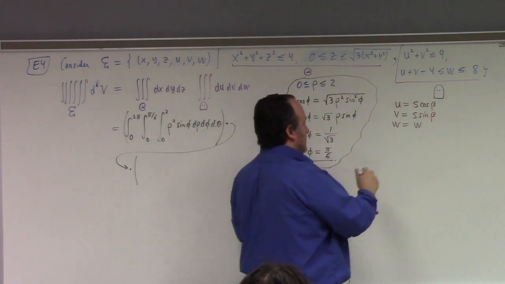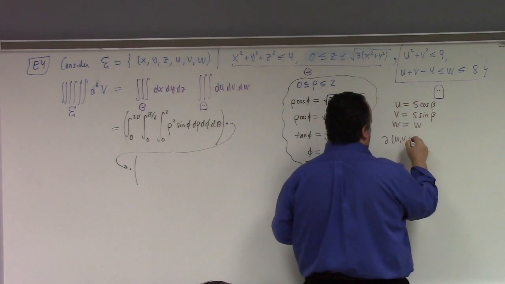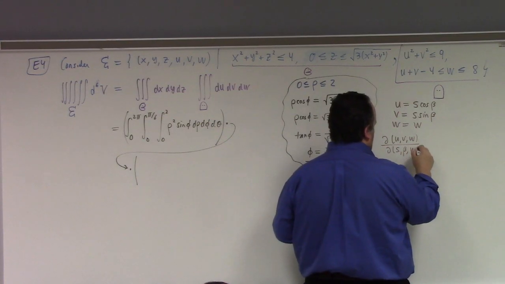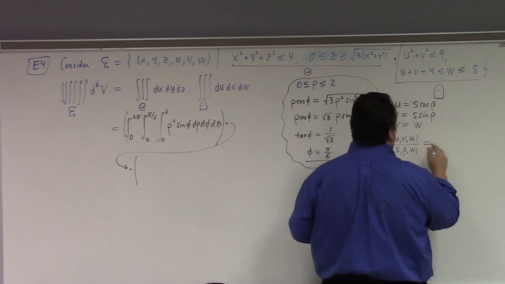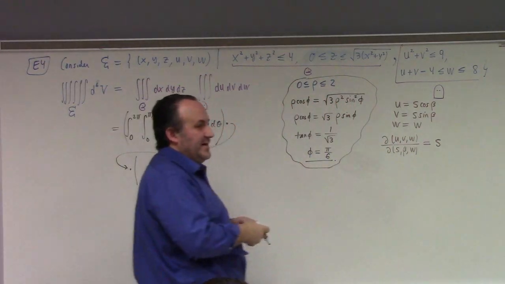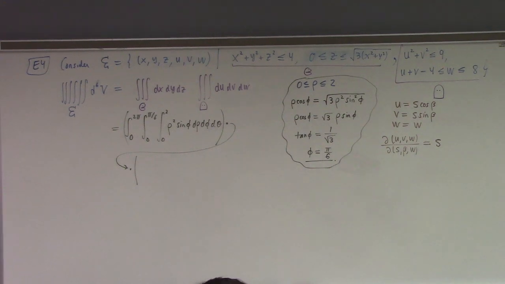If I do that, then the Jacobian of u, v, w with respect to s, beta, w is just equal to s, because this is exactly analogous to the regular cylindrical coordinates. I'm just using s for the cylindrical radius rather than r, because I already used up r.